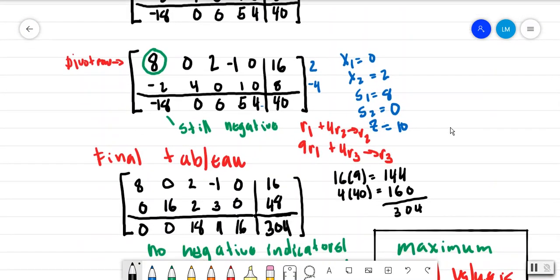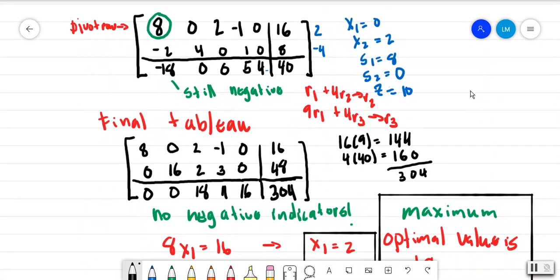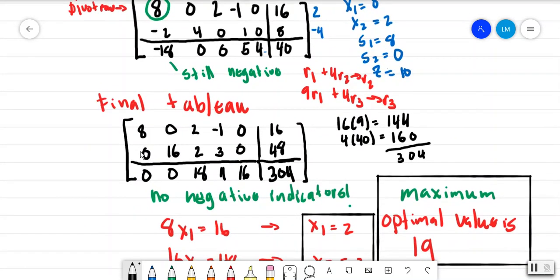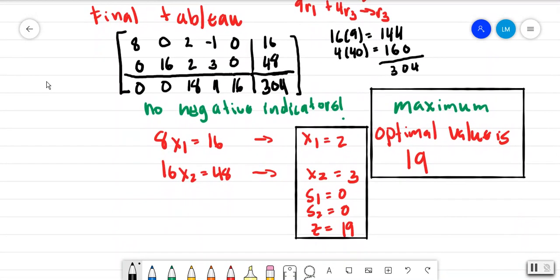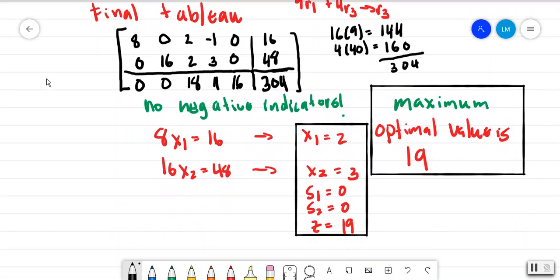You can use your calculator to find least common multiples, but in some cases, most people say it's a lot easier to just introduce a pivot element of 1.